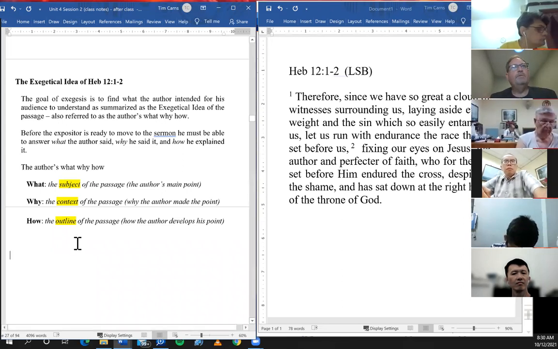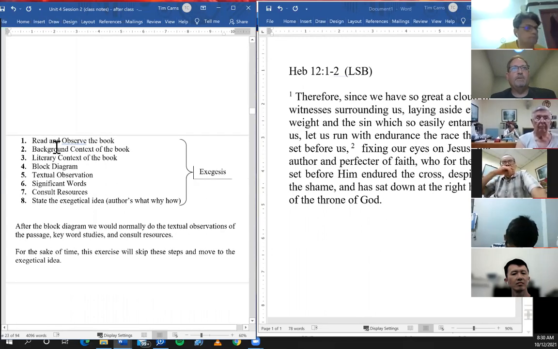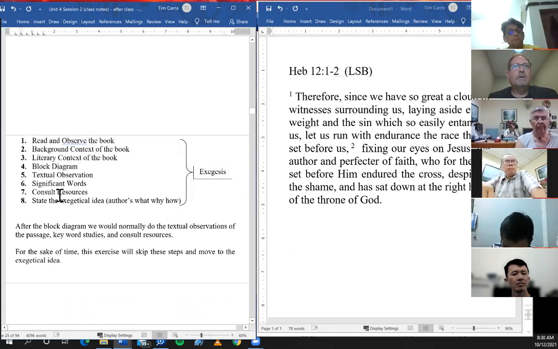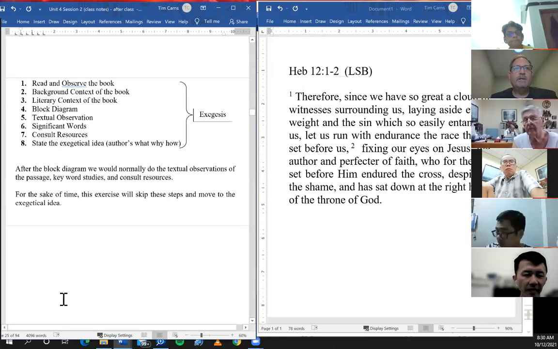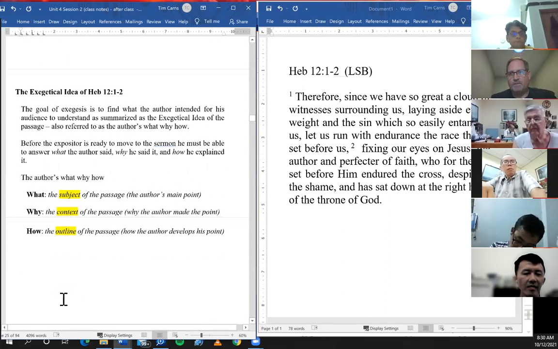Normally, if we're studying a passage, we would do that, that'd be the first 3 steps. So I'm not asking you to do those first 3 steps here, but go ahead and just read through Hebrews this week, get familiar with it again, and try to answer the question, what is the purpose of the book of Hebrews? This will tie in directly to the exegetical idea, the author's what, why, and how.